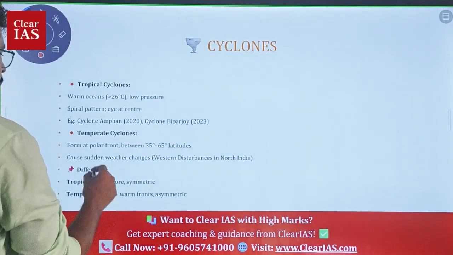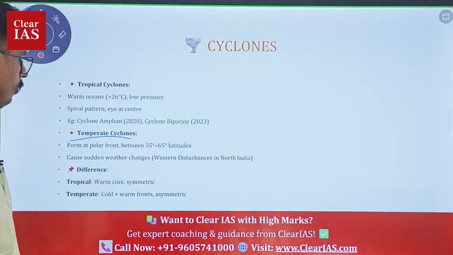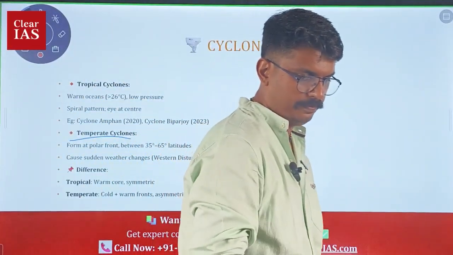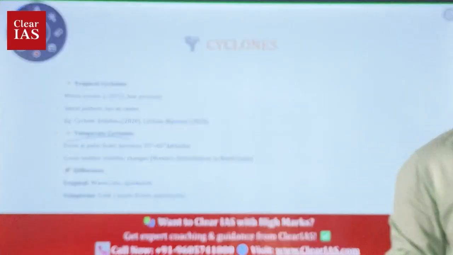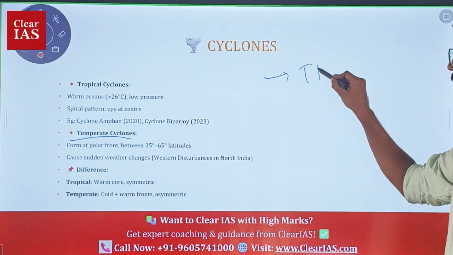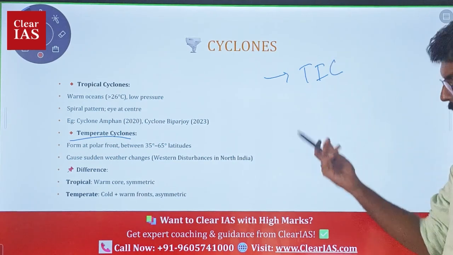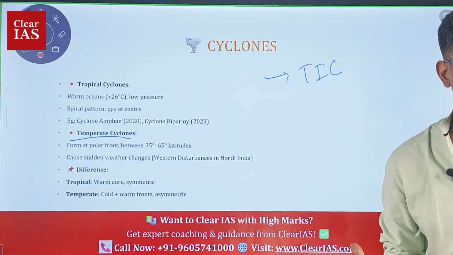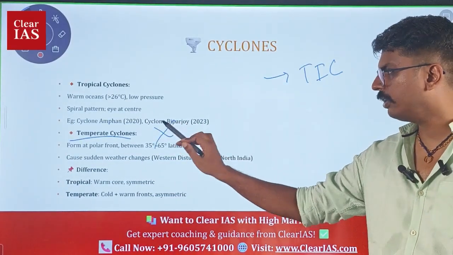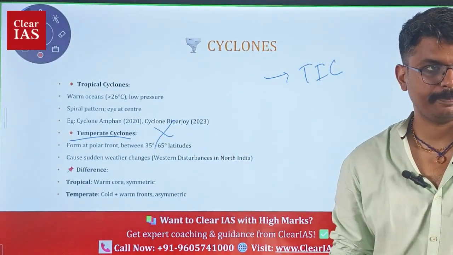Now, the second type of cyclones are temperate cyclones. So we said tropical cyclones are thermally induced cyclones because they are caused due to heating. You saw that water is heated. Temperate cyclones are not directly caused due to heating.